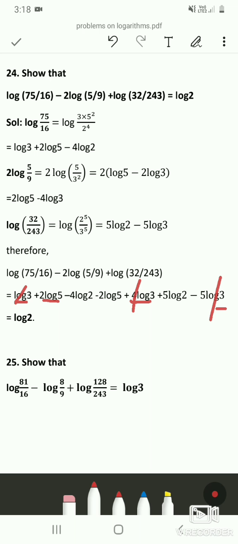So 2 log 5 and minus 2 log 5, this term is done. Now check for log 2 values. Therefore 5 log 2 minus 4 log 2 is nothing but log 2. So you can see we got the answer, that is log 2.